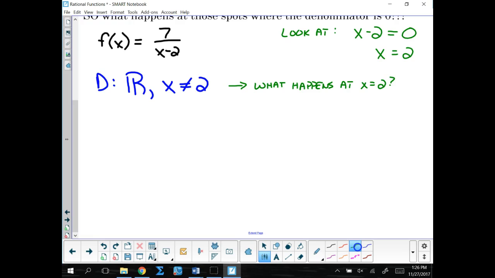Because if it crossed the x-axis at x equals 2, my function would have a value at 2, right? So it's not possible. So something's got to happen at that 2.